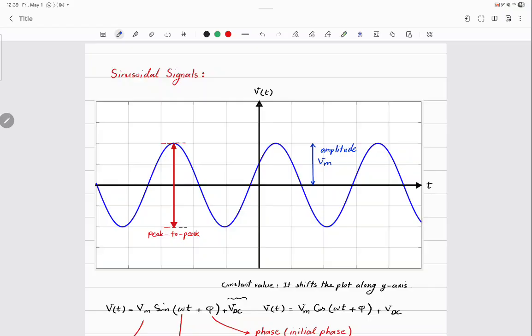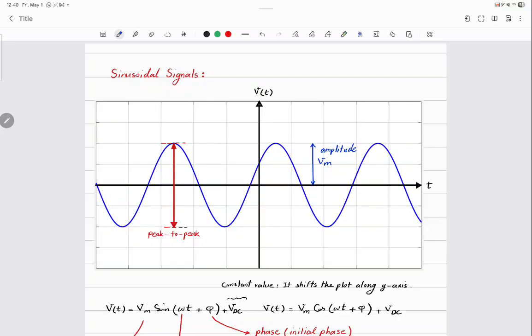Why not? You could have a vertical shift. Yes, that's the problem. In this specific case, this signal is centered around the horizontal line. But if it is shifted up or down, then your amplitude is not from 0 to the positive or negative peak. Okay? Did that make sense?